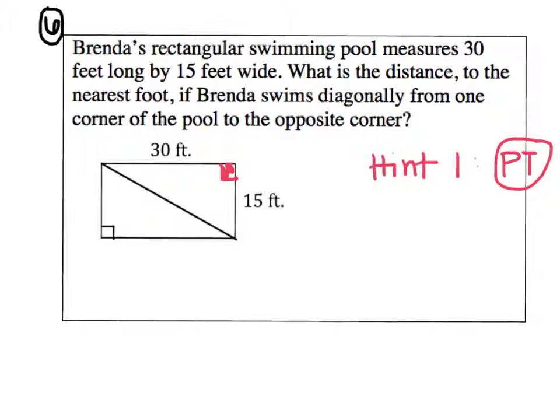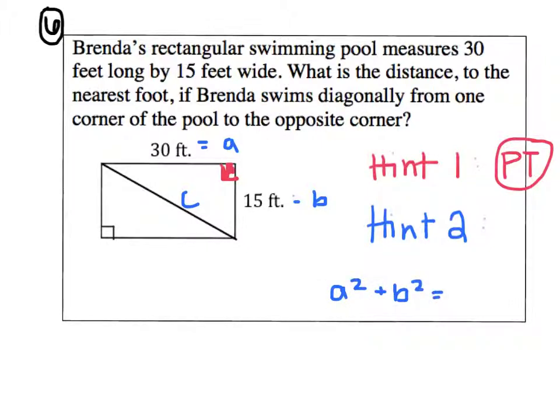Ready, pause. Here's hint 2. We'll label our triangle A, B, and C. Then we'll plug it into our formula, a squared plus b squared equals c squared, and solve for c. Pause the video, finish problem number 6, hit play when you're done.